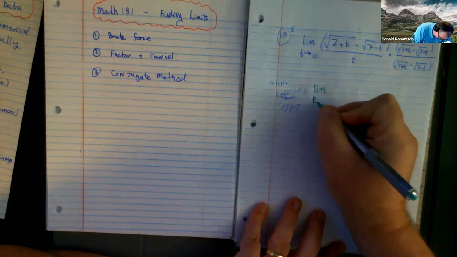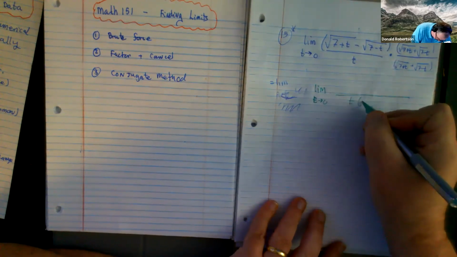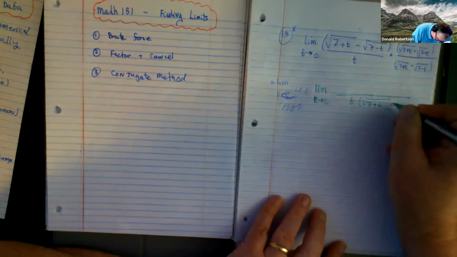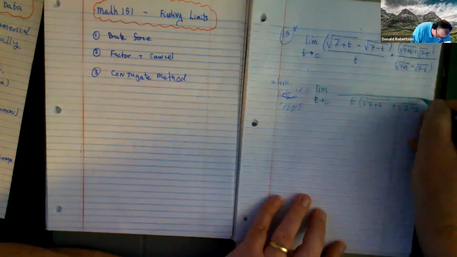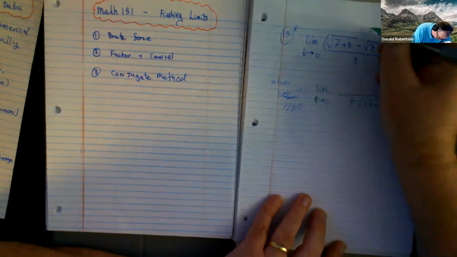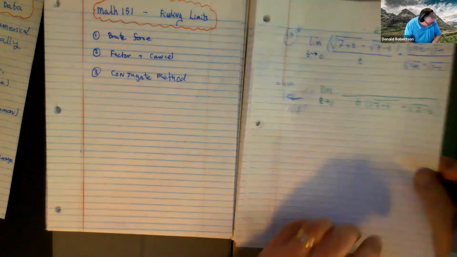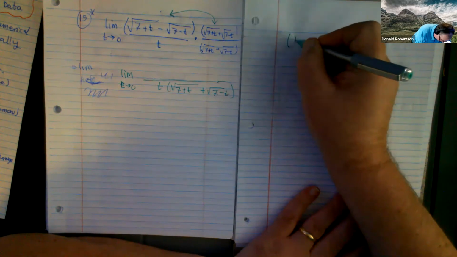So it's going to be the limit as t tends to 0. Now, the two guys in the bottom, I am not going to do anything about except write them down again. But these two guys are going to get multiplied together. And this is like a FOIL from Hades. So I'm going to do it over here.